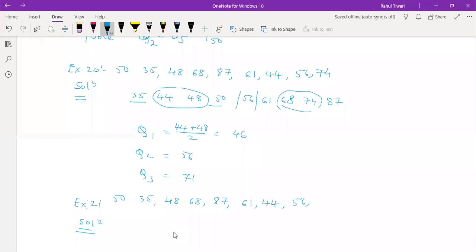So in this scenario 74 is not there, right? So 74 omit karo और फिर से observations लिखो. So 35, 44, 48, 50, 56, 56, 61, 68, 87. Yes, let me know the answer.